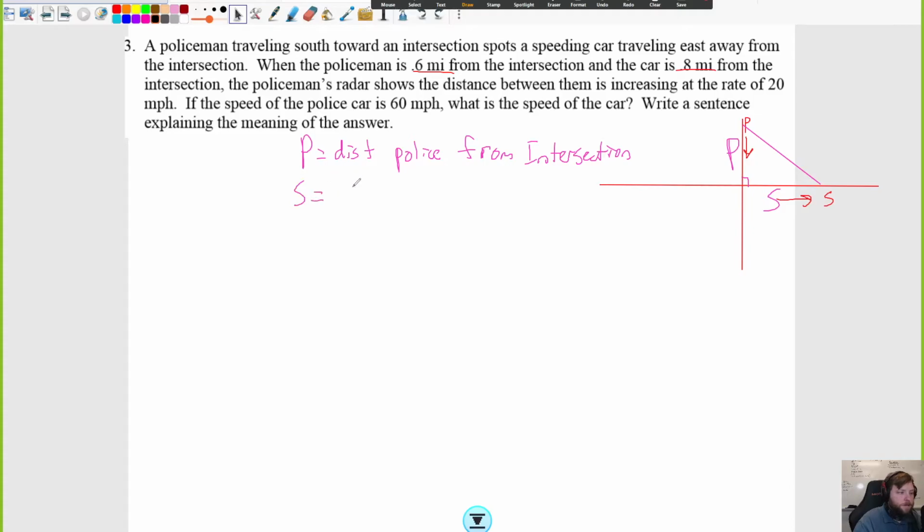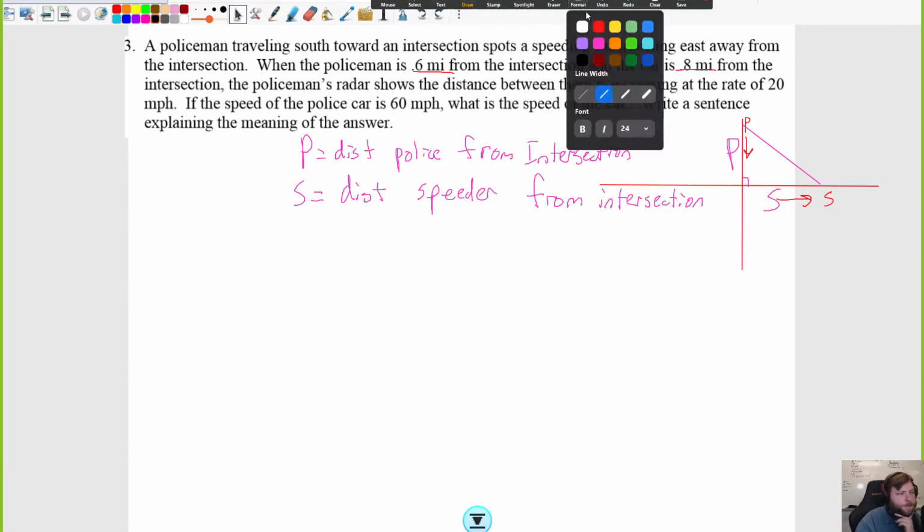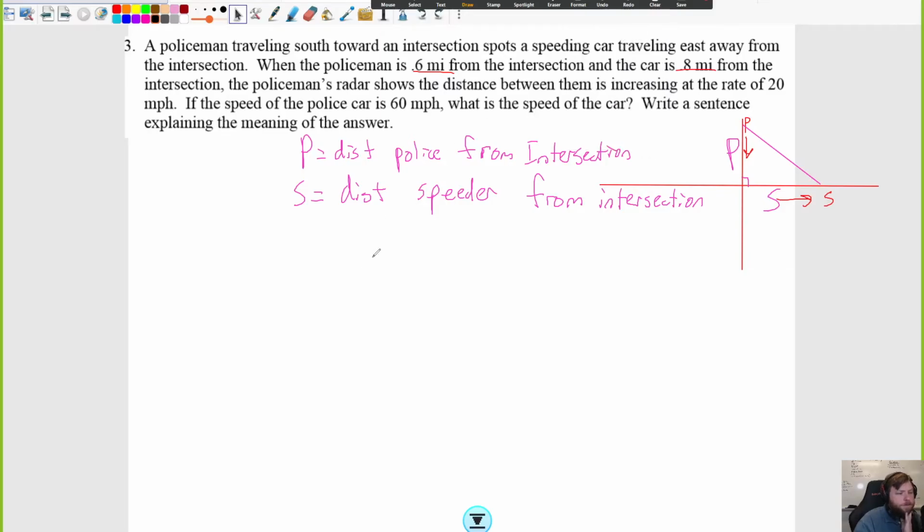Khan Academy does a better job. I don't know. Things don't pick up. And S is the distance of the speeder from the intersection, right? So, and then we have this total distance. Let's just call this D. That's the distance between, right?